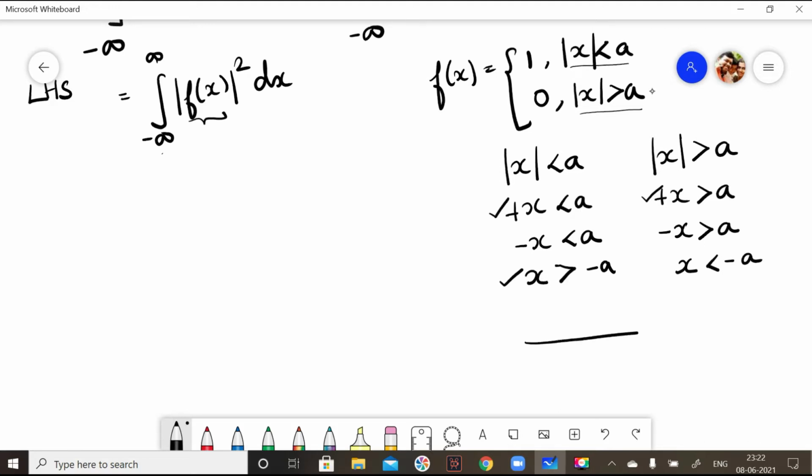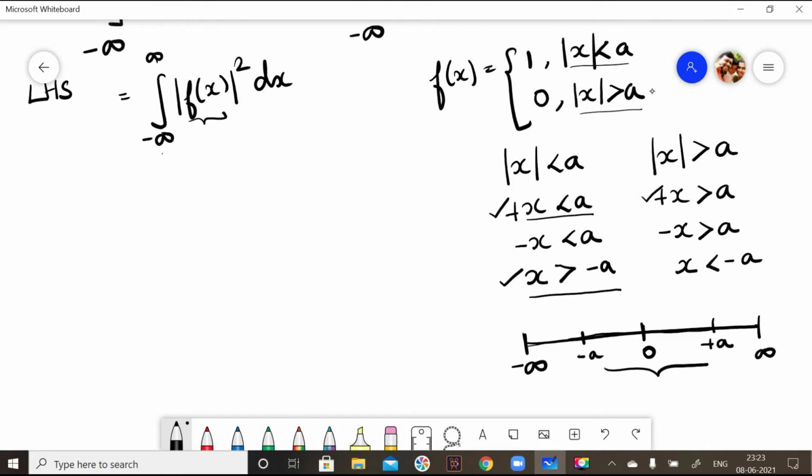Now I draw the diagram. So what is the limit in the formula? The limit in the formula is minus infinity to infinity. I mark a center point 0, fine. Then I mark 2 points, minus a and plus a. Okay, for x less than a and x greater than minus a. So where is x less than a? Less than a is this full part, whereas x greater than minus a is from here.